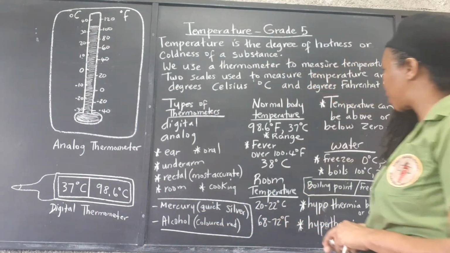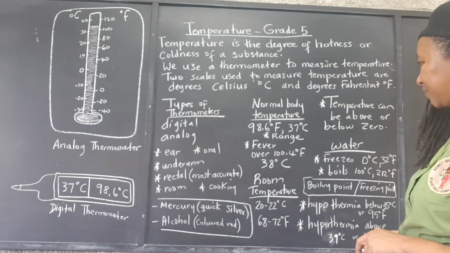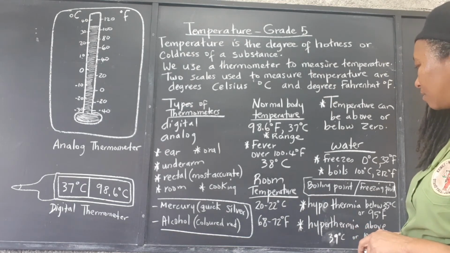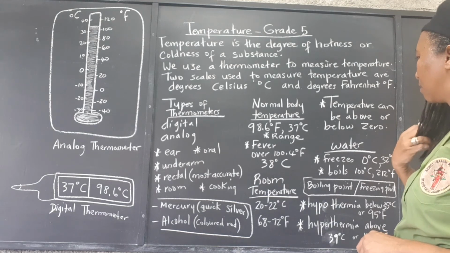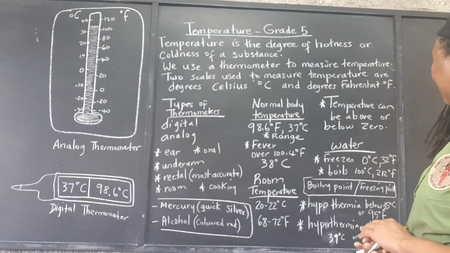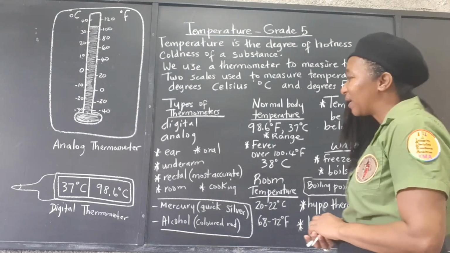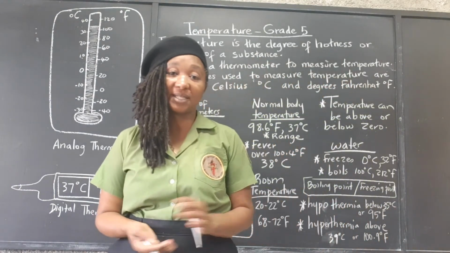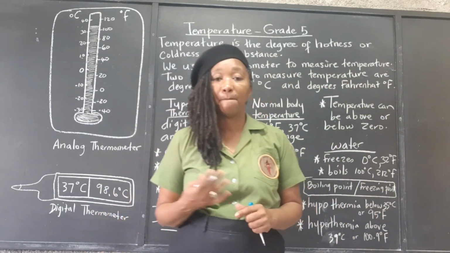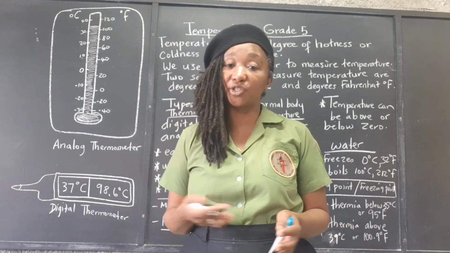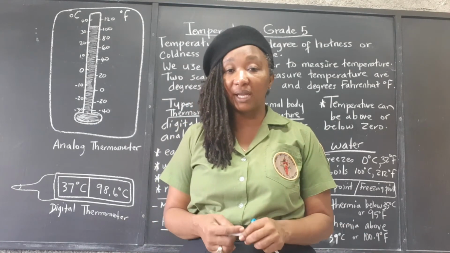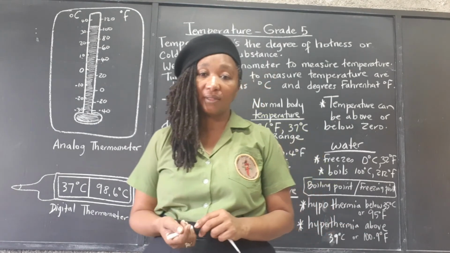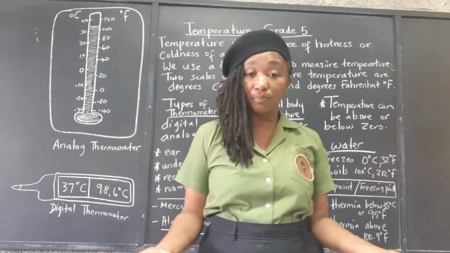Let me make sure I went through all my notes. Okay, so that's it for temperature. Temperature comes under measurement. It's a way of measuring the degree of hotness or coldness in the body or in the room.